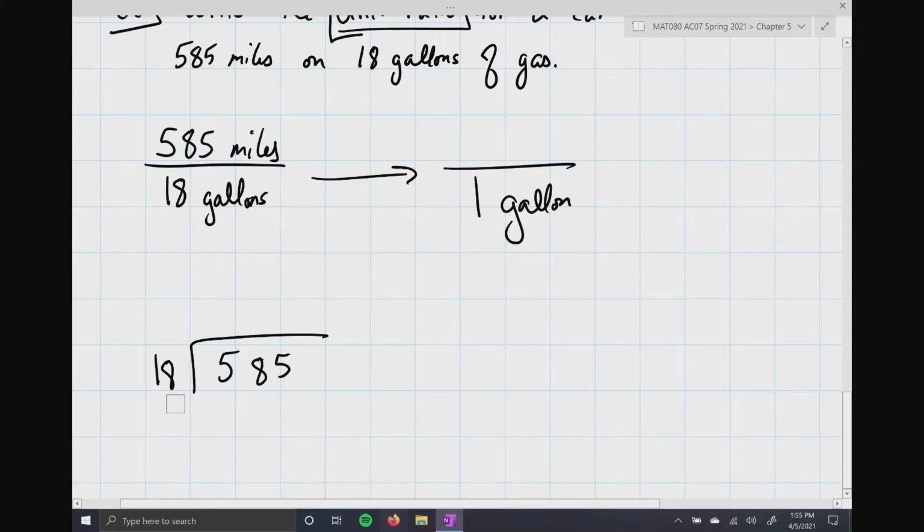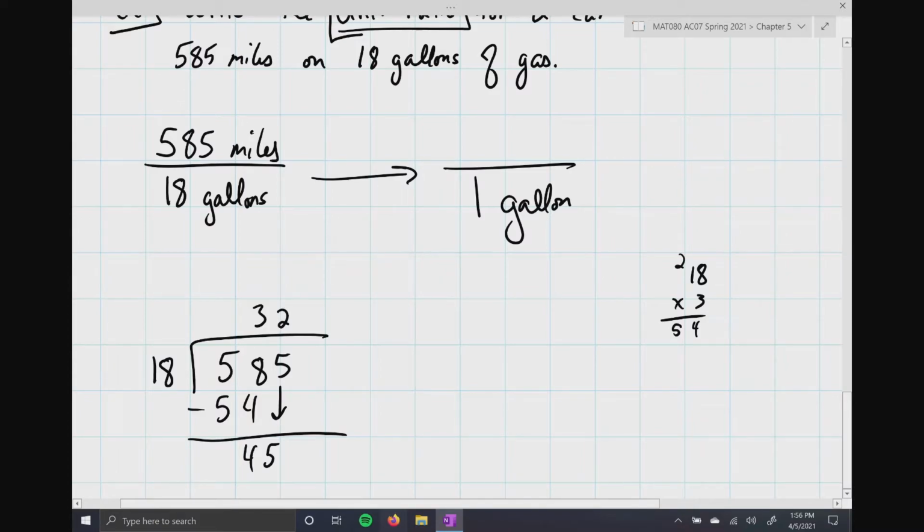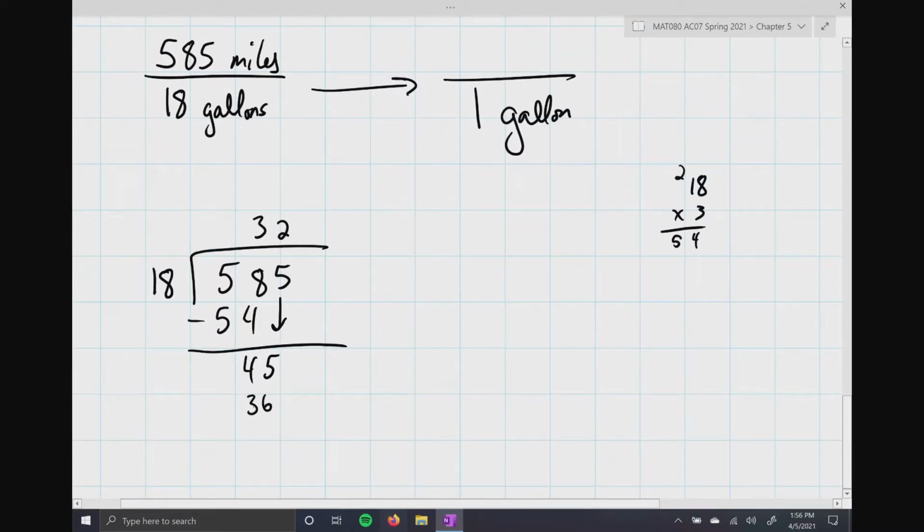So let me write that 8 a little cleaner. So 18 does not go into 5, but 18 goes into 58. How many times? 3? So that's going to be 24 with a 2. Yeah, that's good. So 58 minus 54 is a 4. Drop down the 5. 18 goes into 45 twice. It's going to be 36, so let's see here. I got to borrow. 15 minus 6 is 9.